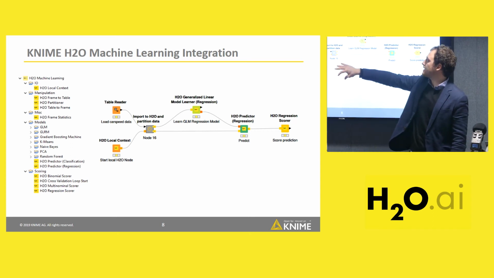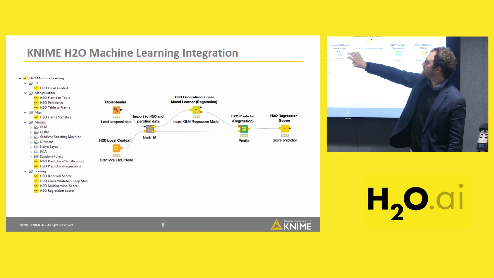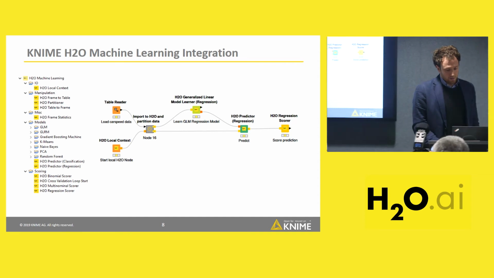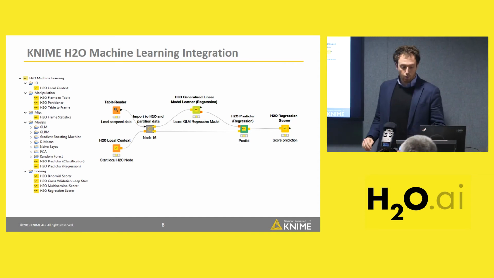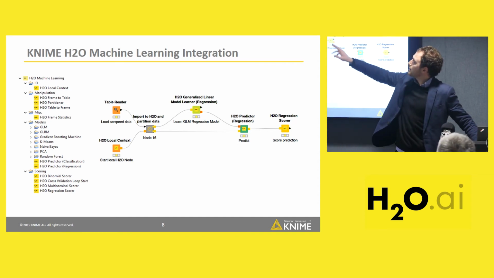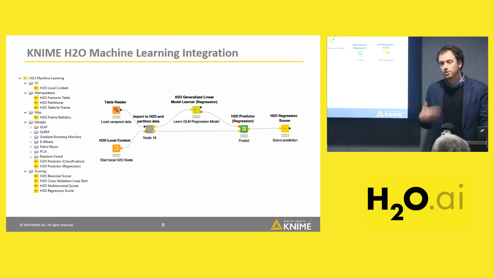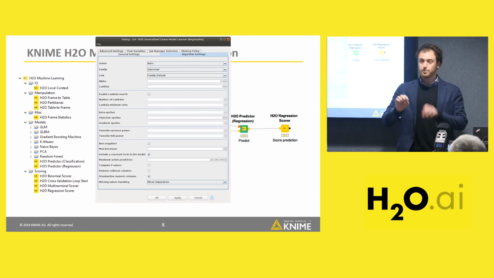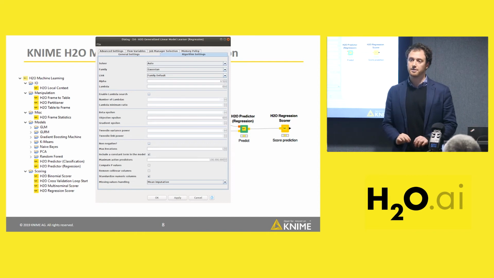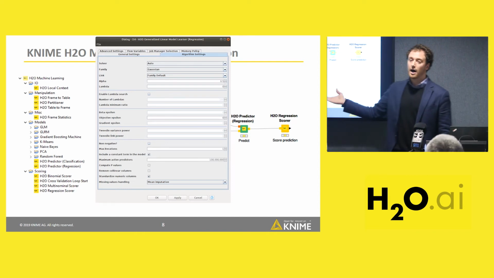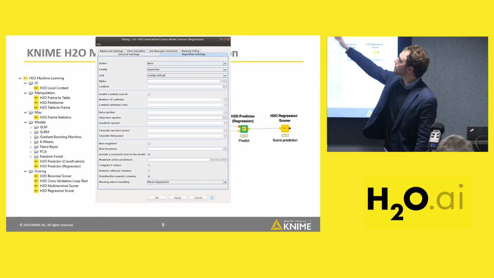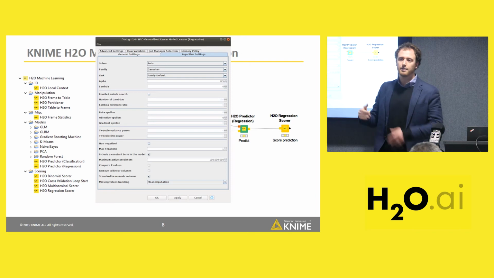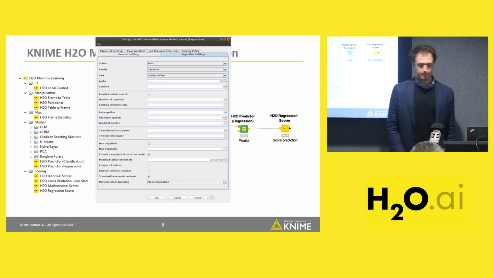So it's fairly easy to just create this transformation and then train the H2O models. When, for example, you click on this node here, then you want to change all those parameters. And instead of having, for example, a Jupyter Notebook where you change the parameters in the function, you have this UI panel. And in this UI panel, you can change all the things, and it can be a bit user-friendly, better than a Python script, right?